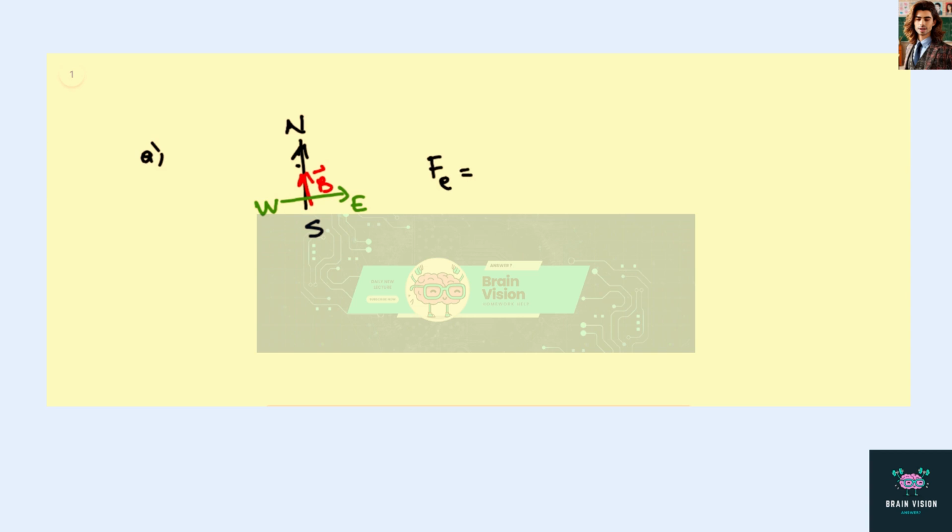In order to calculate that, as you know, the formula is the current times the length of the wire times the external B field, in this case the Earth's magnetic field, and the sine of the angle between the direction of the current and the direction of the magnetic field. In our case, the magnetic field is from south to north, and the current is from west to east.